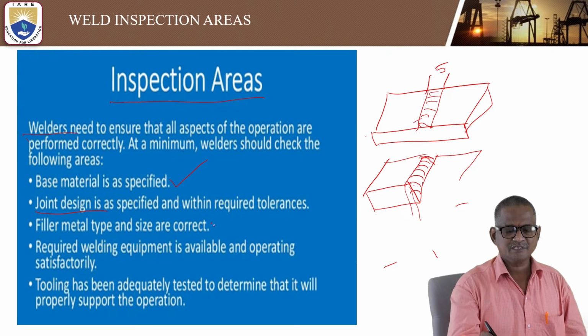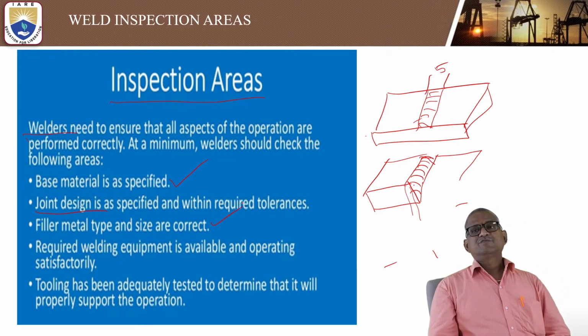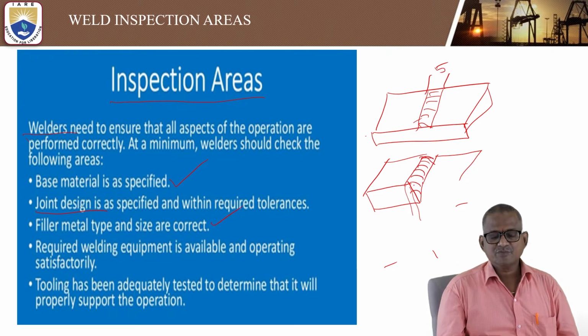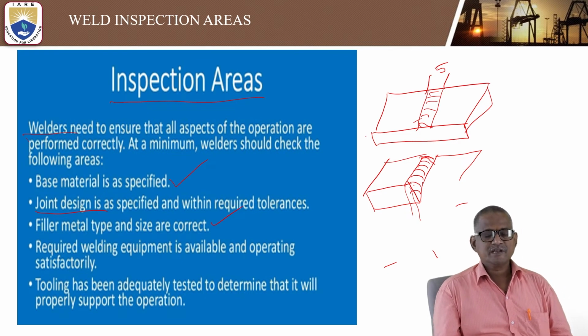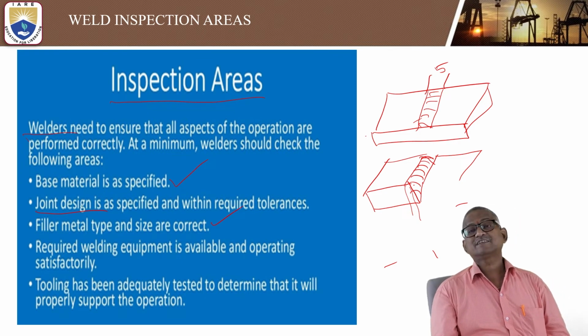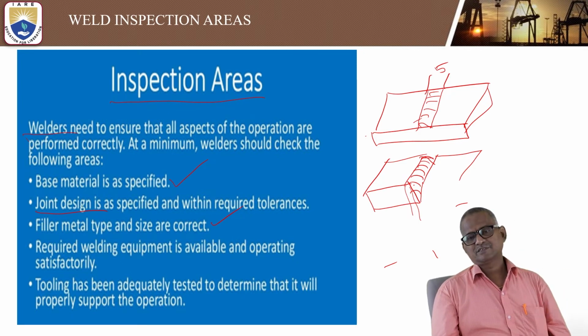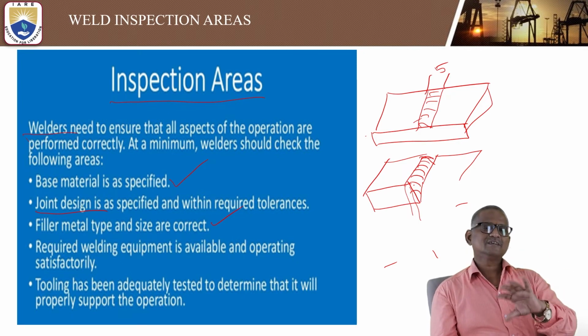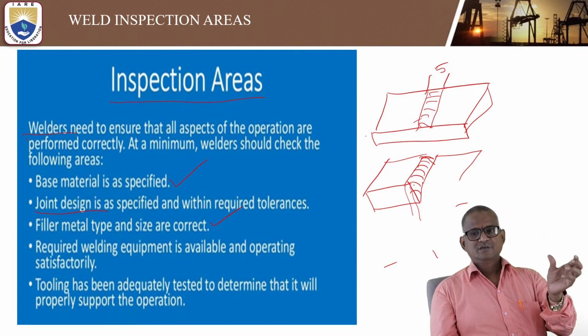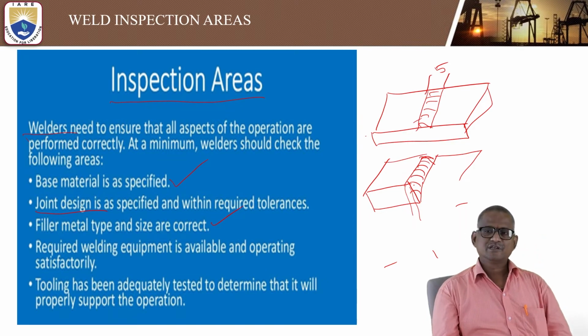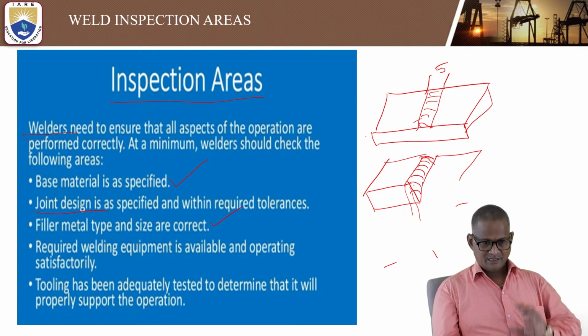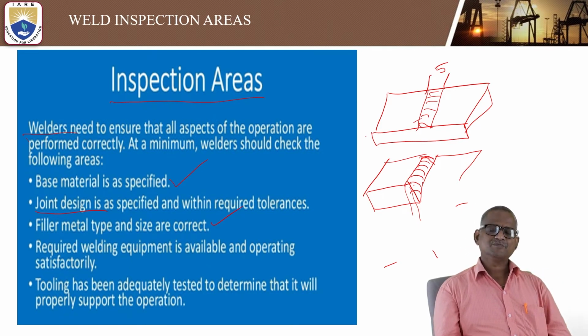And coming to the equipment, welding equipment is also most important: whether it is available and operating satisfactorily or not. For example, if you take the arc welding process, what is the setup: the workpiece, electrode holder and filler metal, and the generator. If a DC generator has been provided, whether the earth can be done or not.